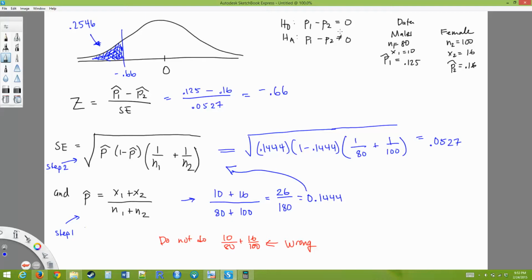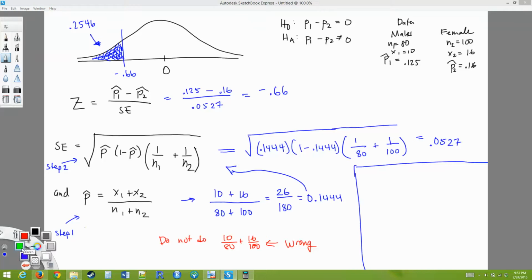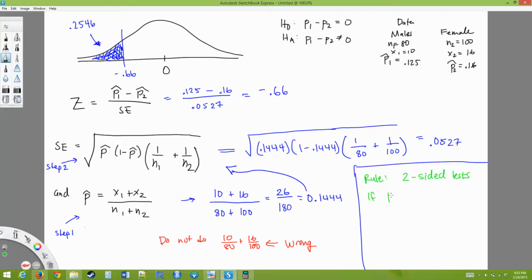Okay, there is a rule that if you have a not equal sign in your alternative hypothesis, okay? So let me just establish this rule over here. Rule. Okay, so this is what we call two-sided tests. If the alternative hypothesis has a not equal sign in it, it is a two-sided test.